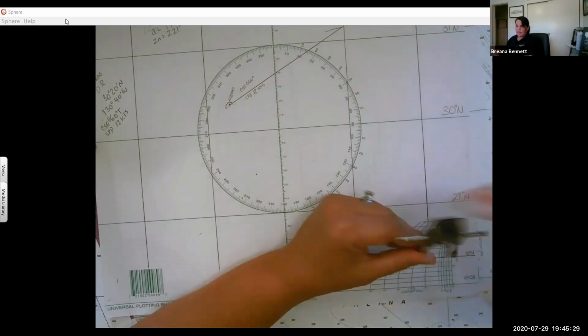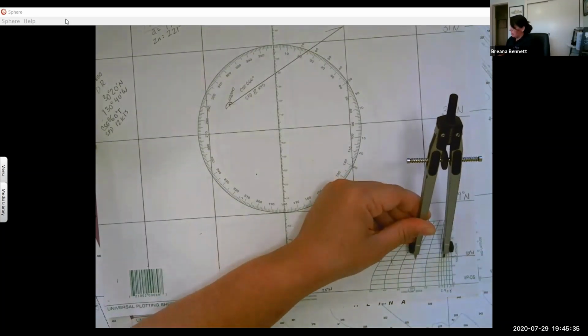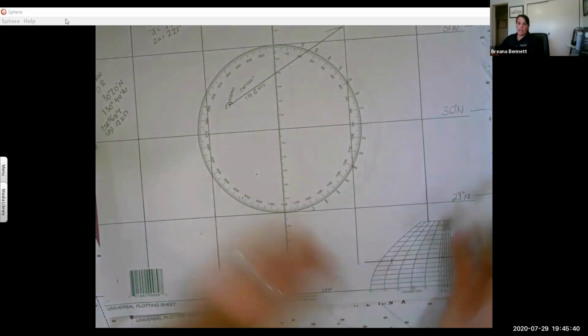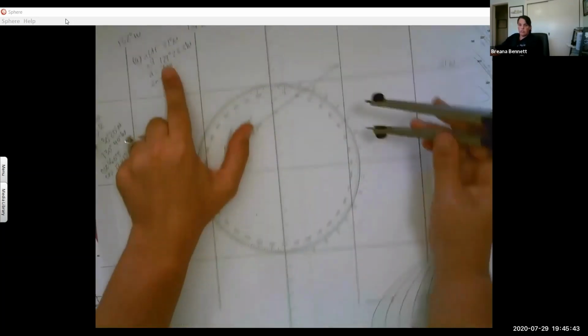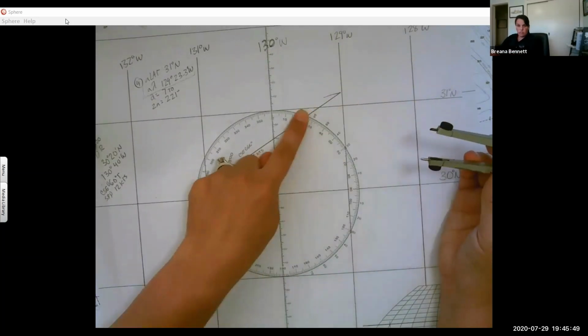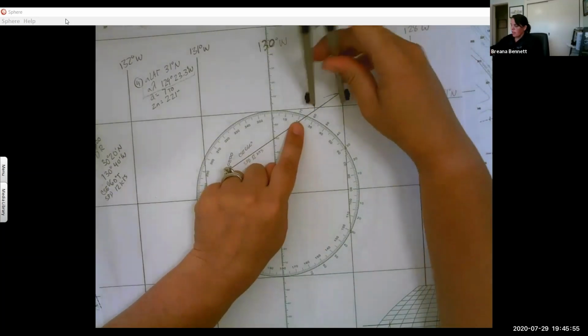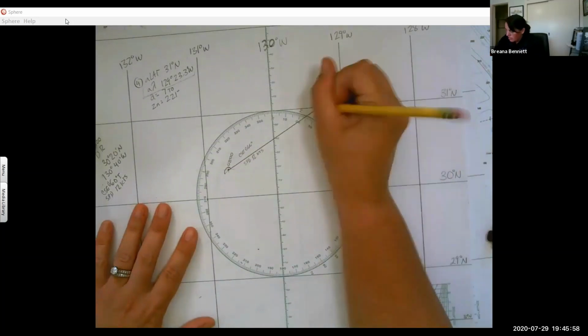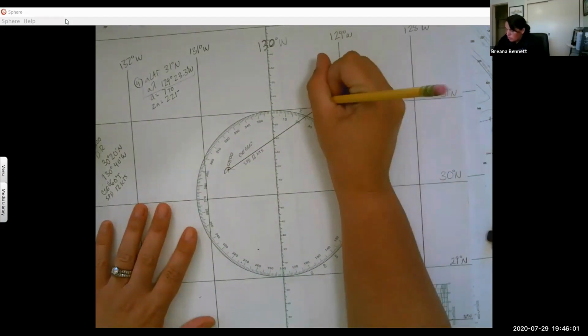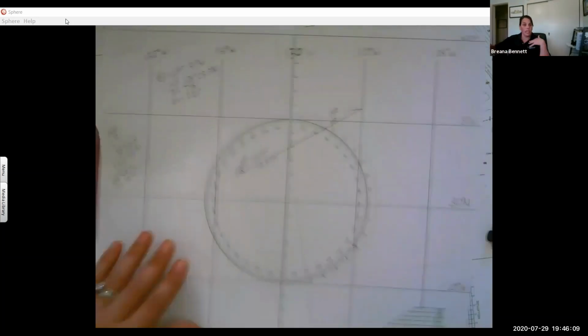All right, I'm going to say that is my 23.3 minutes from my 129. So I go to 129. I'm on the 31 degree north line. And I can plot this right here is going to be my assumed position. So now I have an assumed position that I can take a bearing and a range from, essentially.